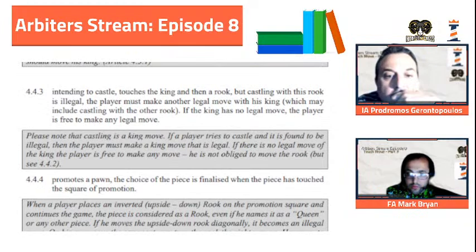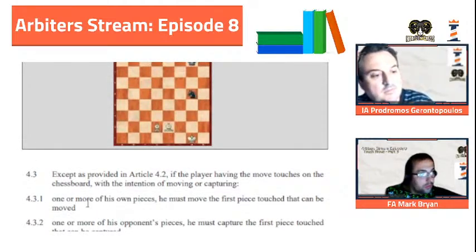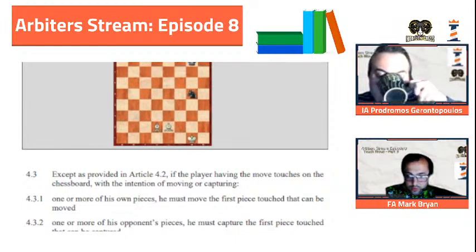Yeah, here. So yeah, the player needs to move their rook, as it says here, Article 4.3.1. So this is this situation.